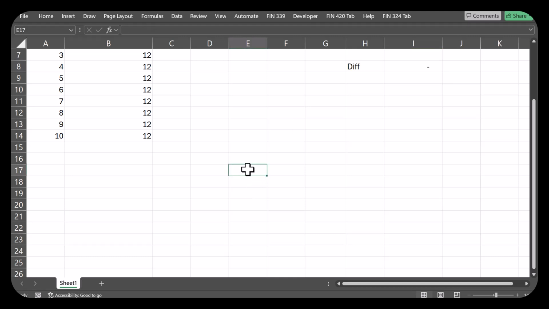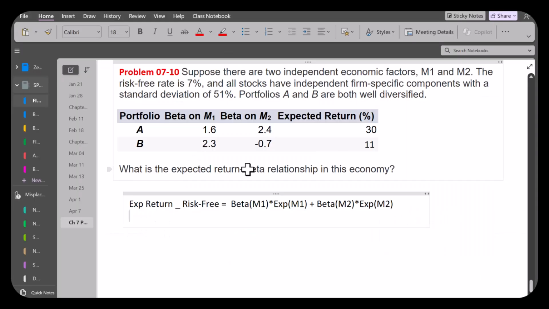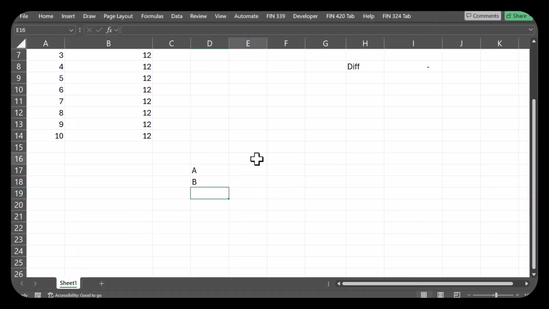Let's see. Stock A, stock B. Expected returns are 30 and 11.